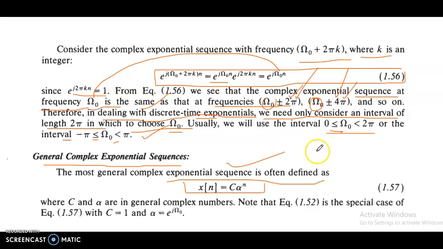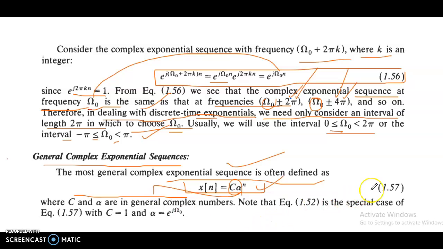In these complex exponential sequences, c and alpha are in general complex numbers.